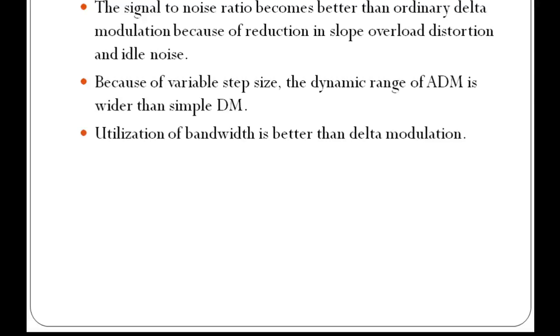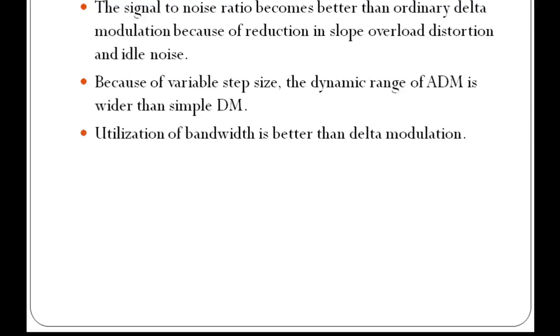Why? Because the overall noise, that is the slope overload noise and granular noise, are decreasing and the signal amplitude is constant. Since the denominator is decreasing and signal amplitude is constant, the noise is decreasing, so the signal to noise ratio will improve.